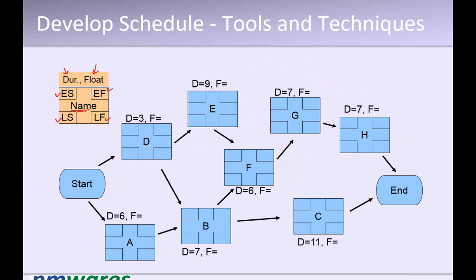So for this activity D, the duration is 3, F is to be calculated, and ES, EF, LS and LF are to be calculated. To calculate the critical path, we do a forward pass and then a backward pass. When we do a forward pass, we calculate early start and early finish. When we do a backward pass, we calculate late start and late finish.